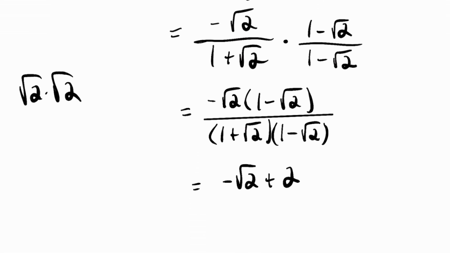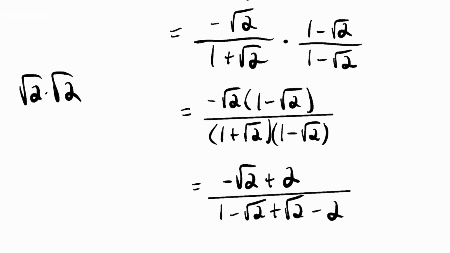Anyway, when I FOIL the denominator, I'm going to end up multiplying, first, the two first elements, so 1 times 1, then the two outer elements, so 1 times negative root 2, the two inner elements, root 2 times 1, and then the two last elements, root 2 times negative root 2. So I'll end up with 1 minus root 2 plus root 2 minus 2.